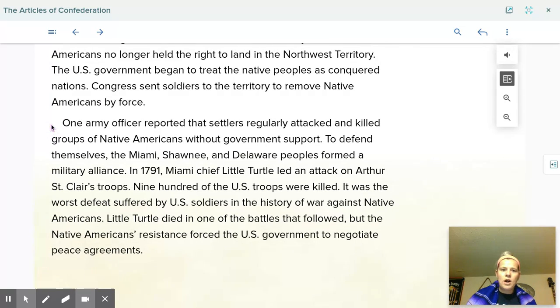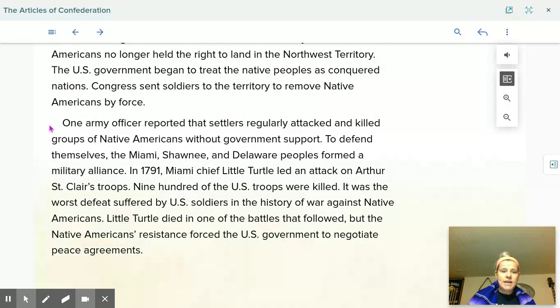One Army officer reported that settlers regularly attacked and killed groups of Native Americans without government support. To defend themselves, the Miami, Shawnee, and Delaware peoples formed a military alliance.